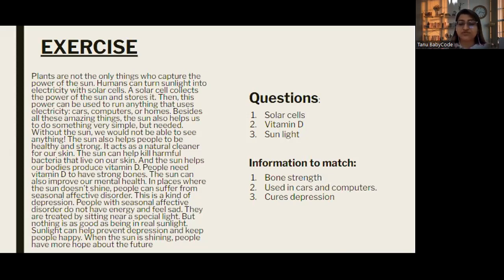The information says bone strength, used in cars and computers, cures depression. So you have to look for your information.